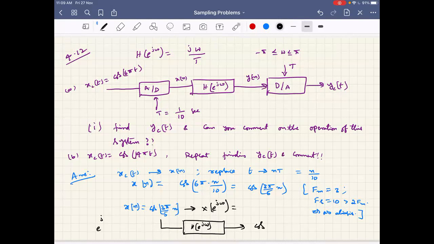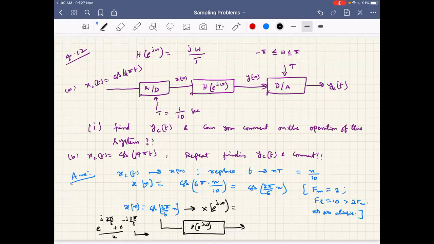Very good, so we will directly write that. Those who are not familiar can split into complex exponentials, e power j 3 pi by 5 n plus e power minus j 3 pi by 5 n, by 2, and send it.